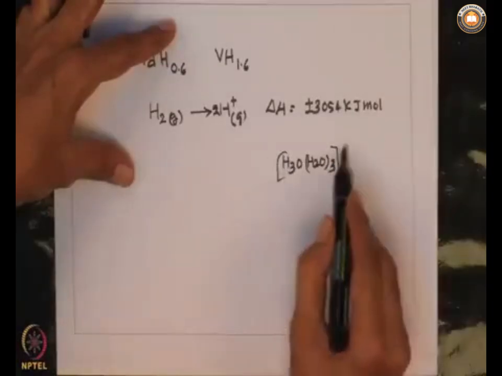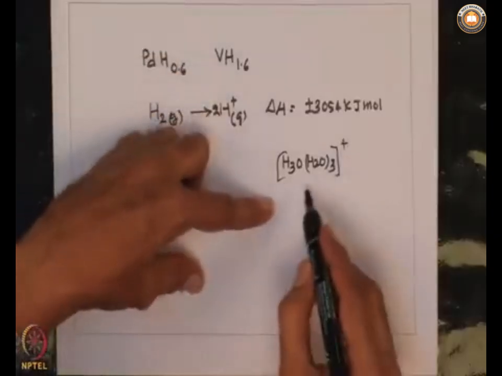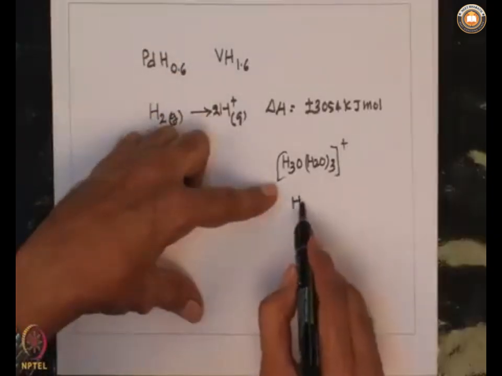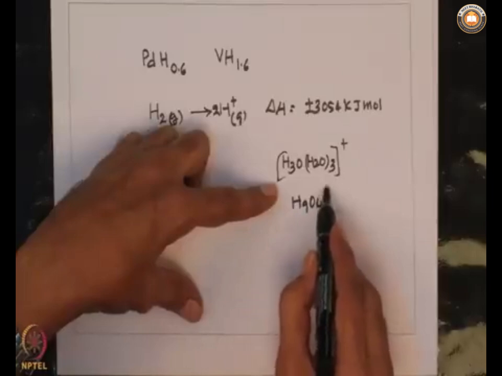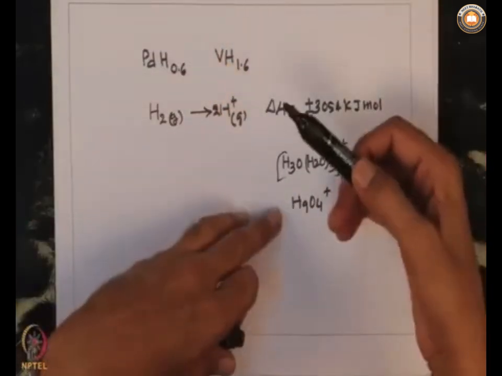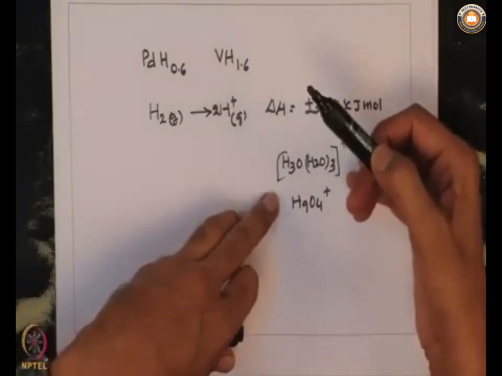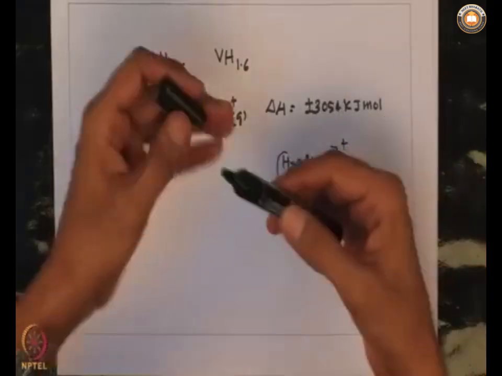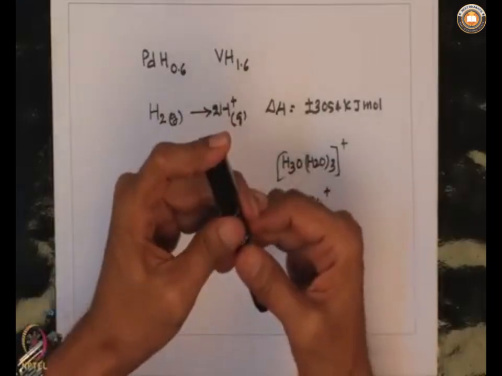This can also be written as H9O4 plus. In many compounds, some of these ions are trapped and examined by single crystal X-ray diffraction methods.